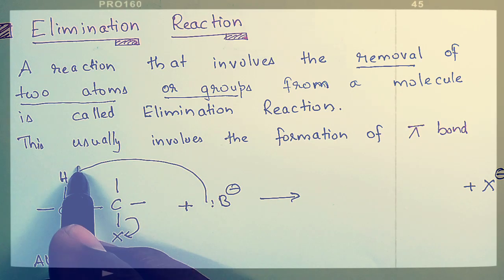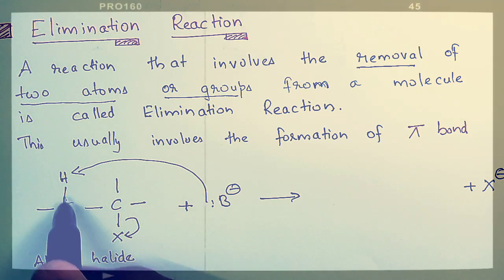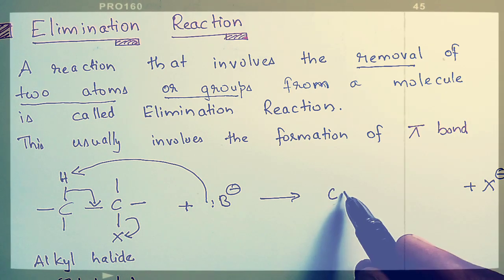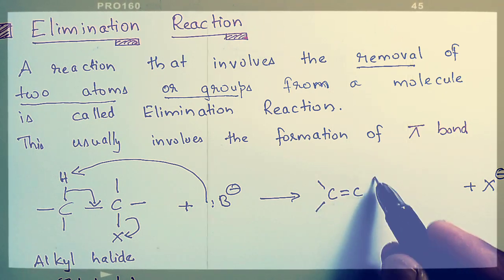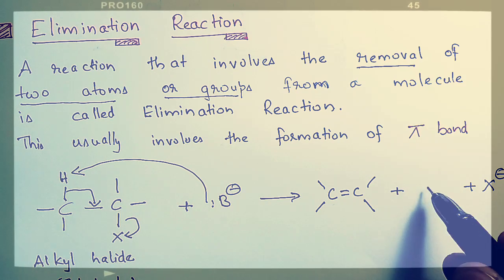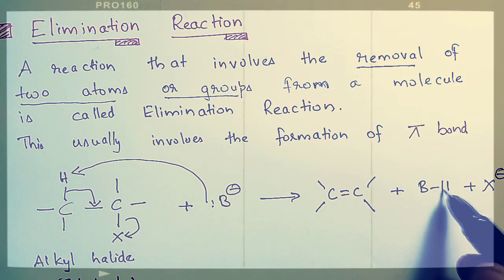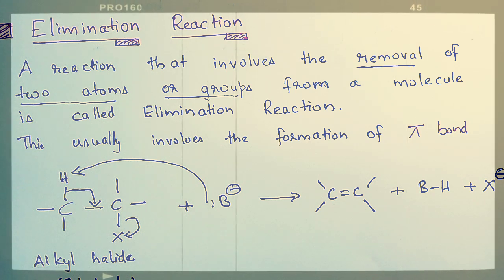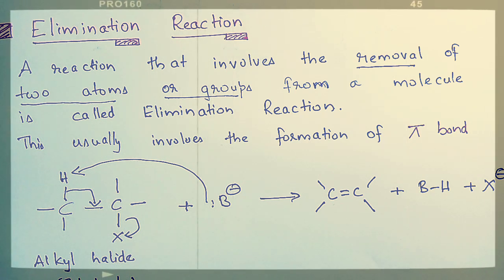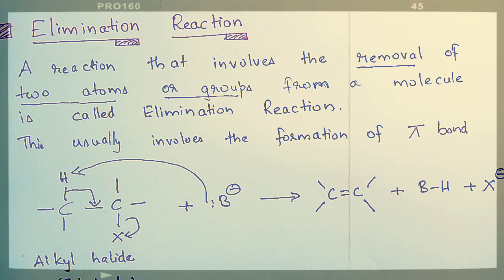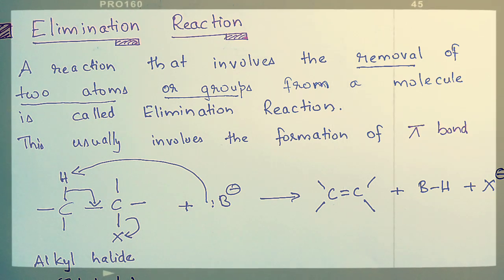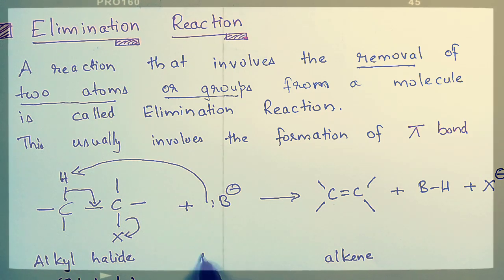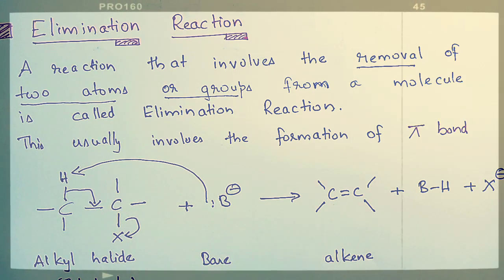The base, which has a lone pair, will donate its lone pair to the beta hydrogen and these sigma electrons move here, resulting in the formation of an alkene, and the base converts into BH. Here this is the substrate molecule, this is the alkene which is formed, and this is the base.